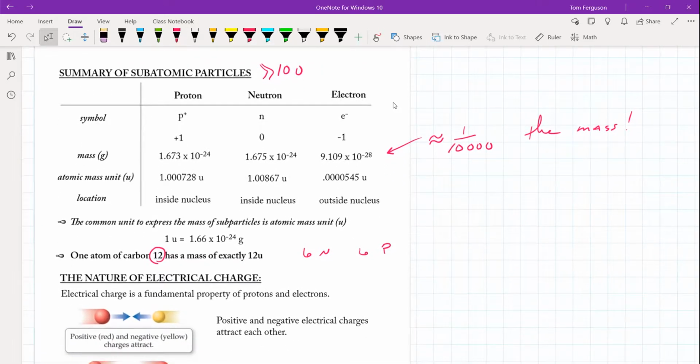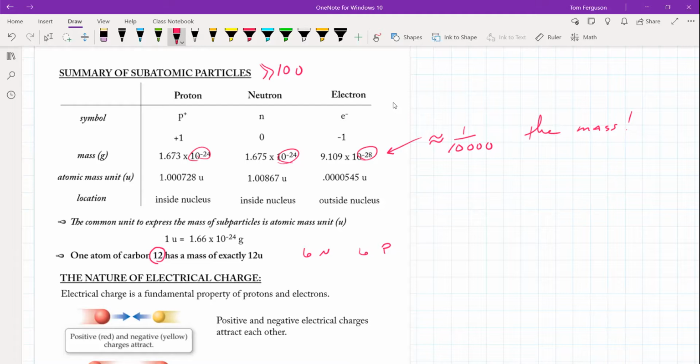And you can see the mass. These are in grams. They're kind of small, to say the least. Notice the electron is one 10,000th the size or the mass of a neutron and proton.